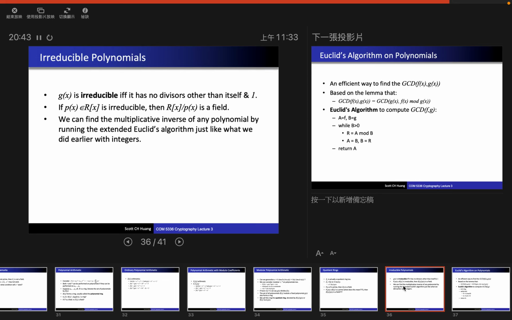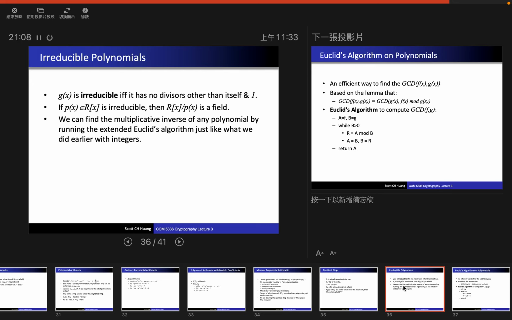Now, let's find an irreducible polynomial. So I would choose the easiest one. Let's say this one, x squared plus x plus 1. So this is an irreducible polynomial. How do we know it is irreducible or not?